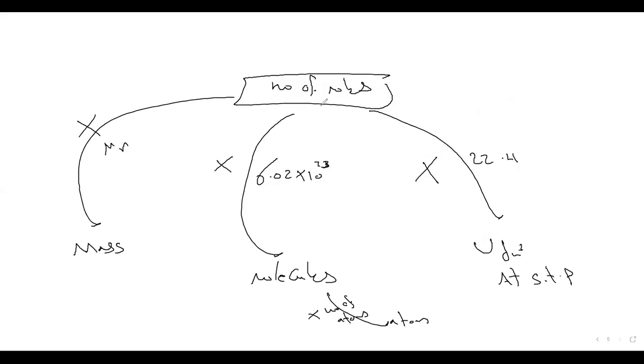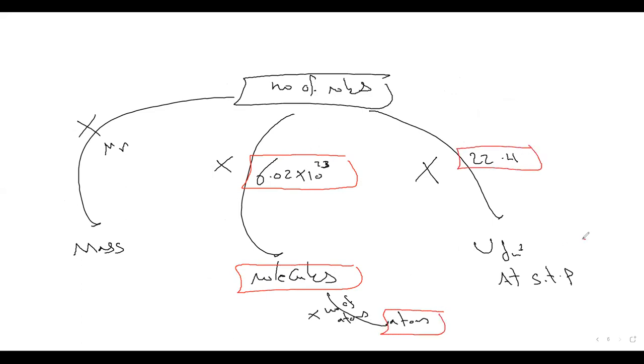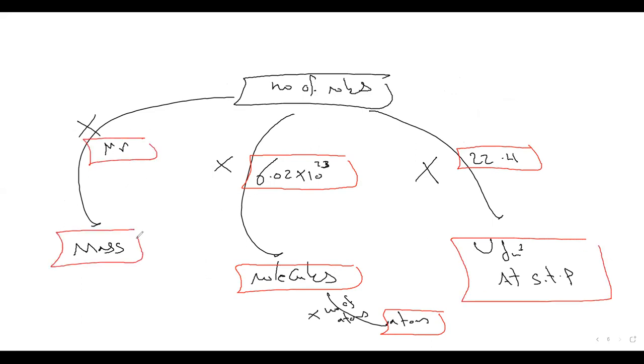If we get the number of moles, multiply by molar mass to get the mass, multiply by Avogadro's number to get the number of molecules, and if we need the number of atoms, multiply by the number of atoms, and multiply by 22.4 to get volume in decimeter cubed at STP.